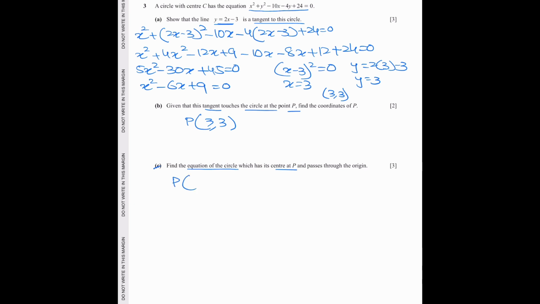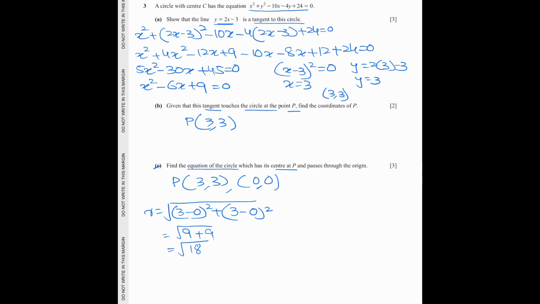So P you have 3 and 3 and it passes through the origin, which is 0 0. So from the origin to P you will have the radius, you already have the center, so for the radius you apply the formula x minus x1 whole square plus y minus y1 whole square. So 3 minus 0 is 3 square 9, 3 minus 0 again we have 9, so 9 plus 9 is square root of 18.